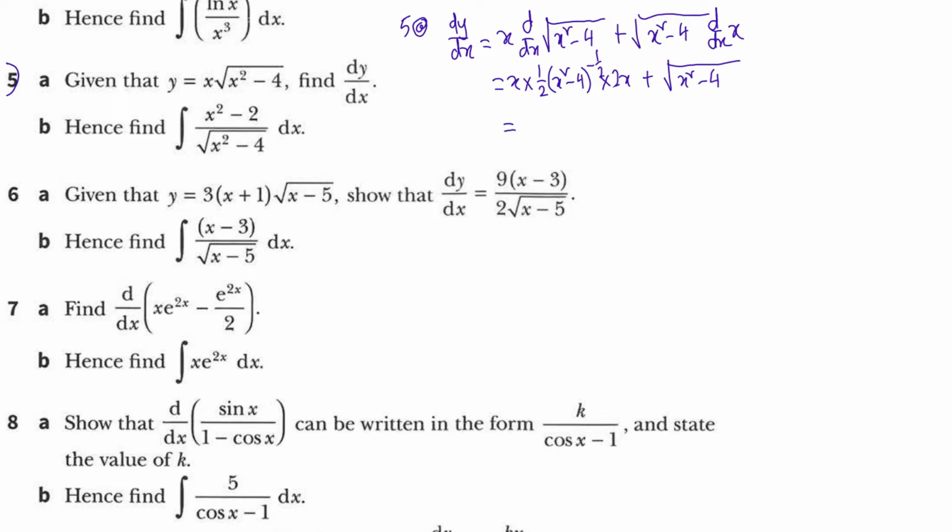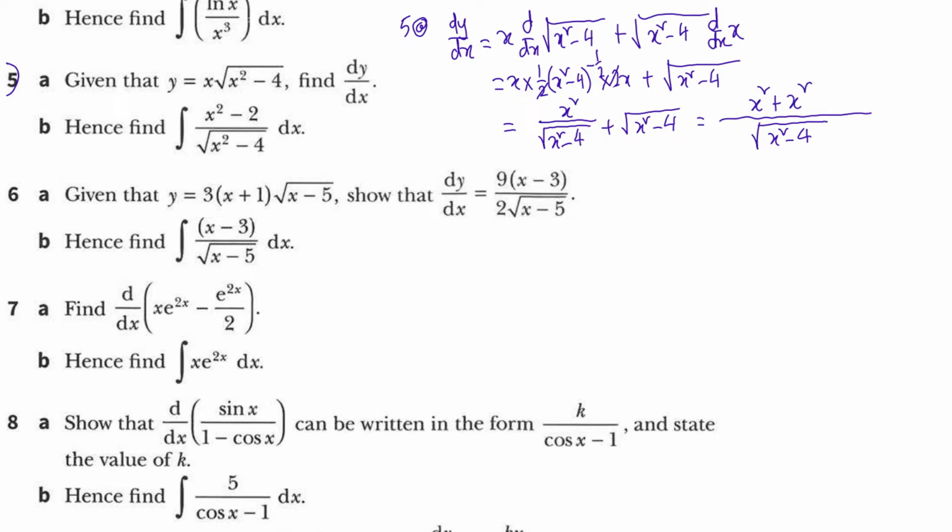We can cut out this 2 and 2, x into x is x² divided by root(x² minus 4) as the denominator, plus this is also root(x² minus 4). So we can simplify to make a single expression, where x² minus 4 is the LCM, and on the top x² plus root(x² minus 4) into root(x² minus 4).